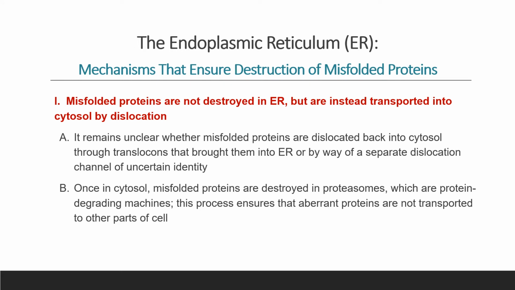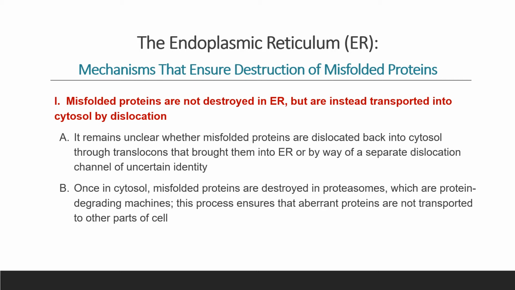So, mechanisms that ensure destruction of misfolded proteins. Again, whenever you have misfolded proteins, it usually gives you the idea that most likely there will be mutations in those produced proteins. Misfolded proteins are not destroyed in the ER but are instead transported into the cytosol by a dislocation process.